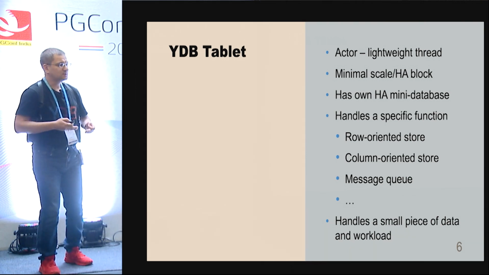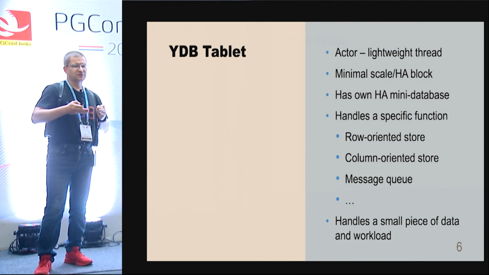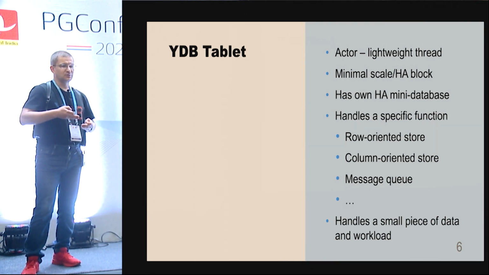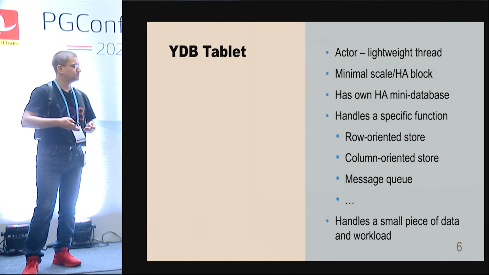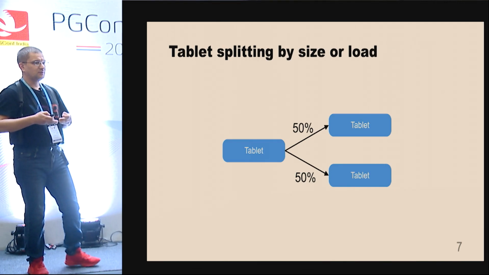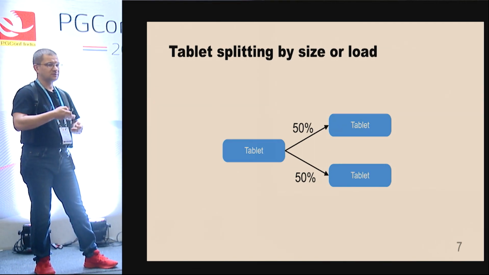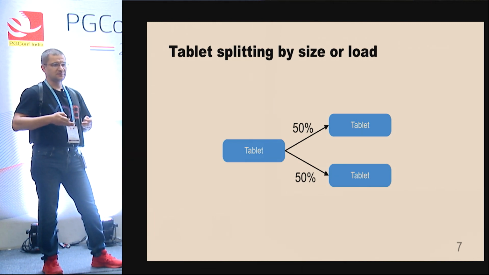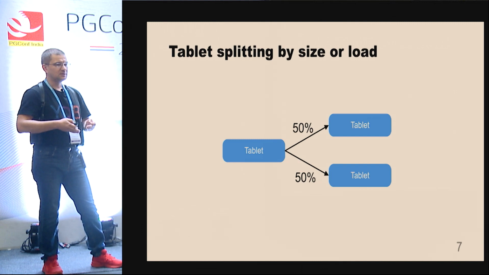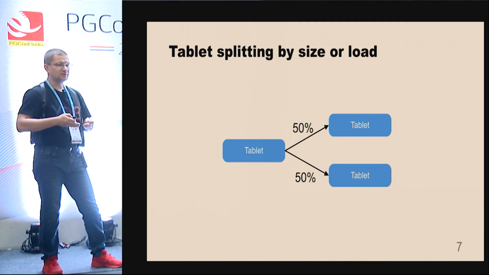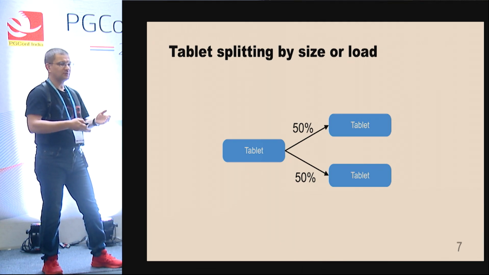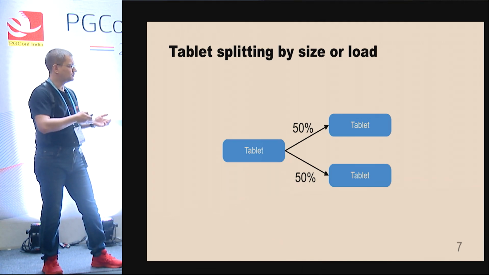Every tablet handles a small piece of data and a small piece of load. And YDB scales by increasing the tablet count. If a table and its tablet grow, the tablet can be split. If a tablet is limited by size, it can split into two tablets, and each new tablet handles half of the data volume.